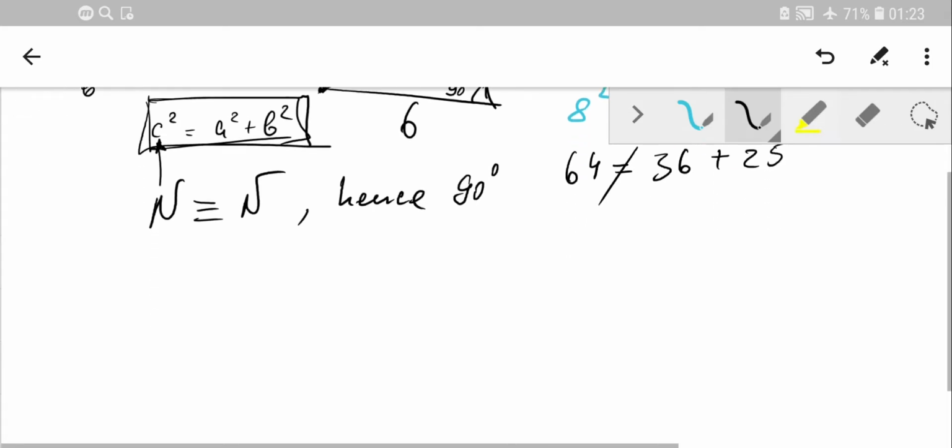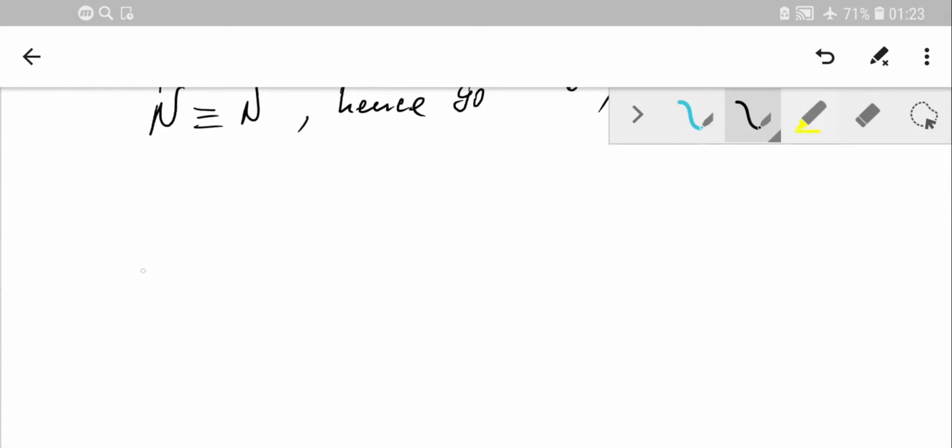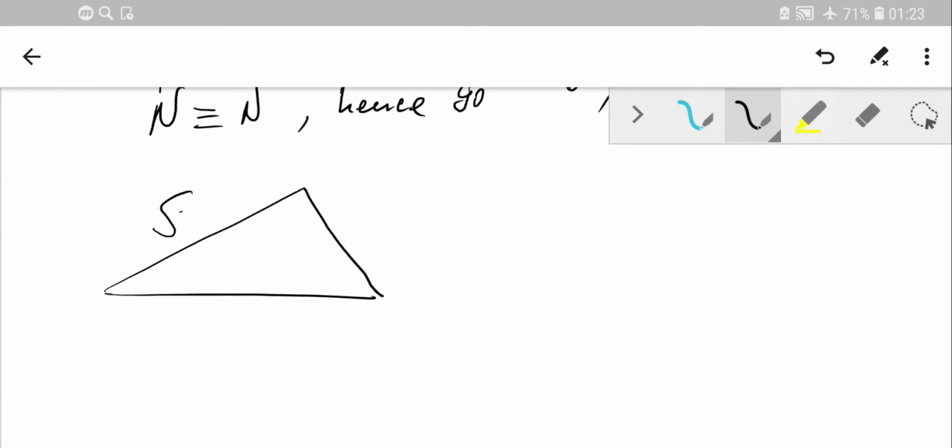However, you might have troubles if you have surds. For example, let's say square root of 27, square root of 48, and square root of 75. Everywhere you have surds. If you have a calculator, no problem, just evaluate each square root.